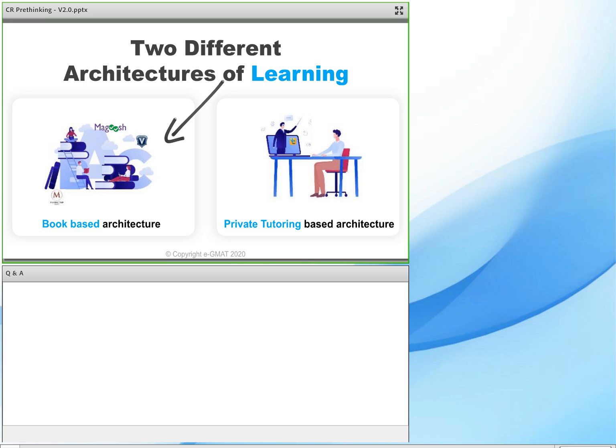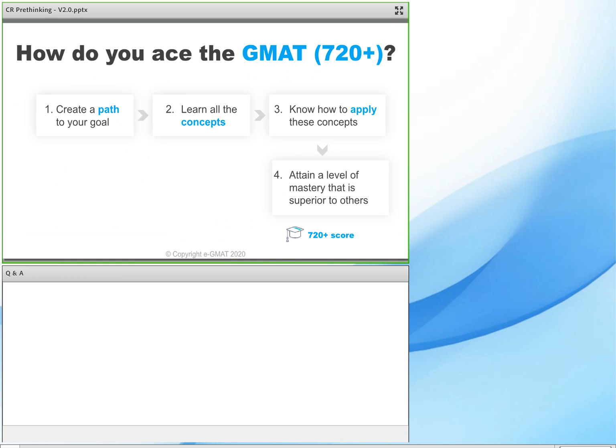Most are built on this book-based architecture where you go through a standard set of content, you don't get a whole lot of feedback, and you go through it, you practice questions, some of you succeed, others don't. At e-GMAT, we are all about personalizing your learning right from the get-go and giving you feedback every 30 minutes of your learning, and that's what I'm going to briefly demonstrate, and I want you guys to experience that, get a taste of it.